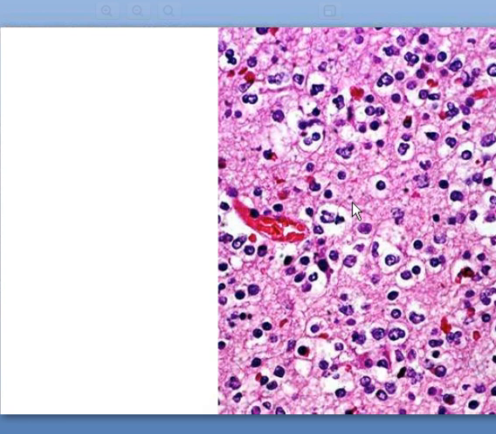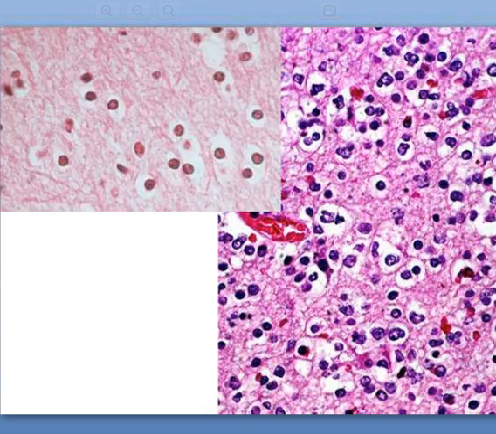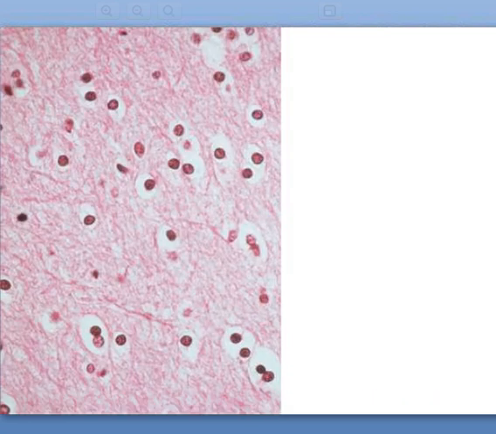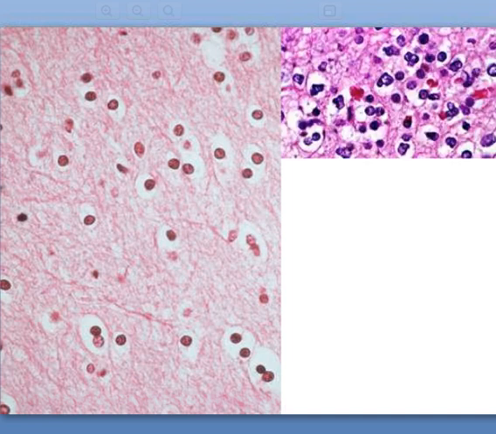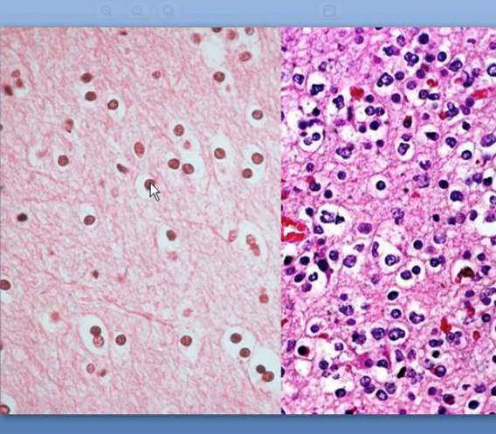Of course, this is an oligodendroglioma because it looks like normal oligodendrocytes. And here they are together. Normal oligodendrocytes, oligodendroglioma.